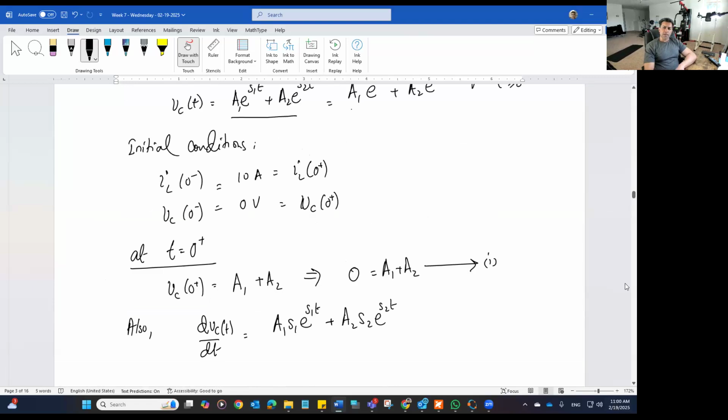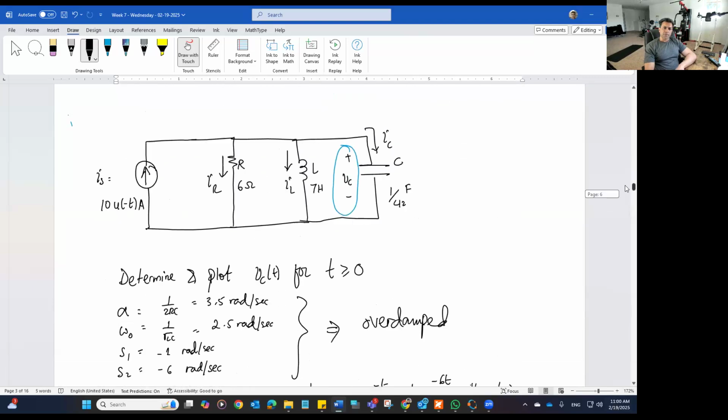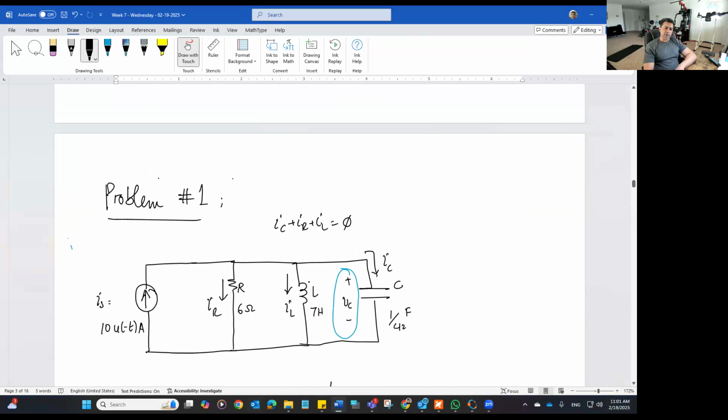0. That means the initial value of the resistor current is 0, which makes sense because the current passing through the inductor is not going to change within an instant of time. All the current that was coming before t equals 0 is still going through the inductor right after t equals 0.